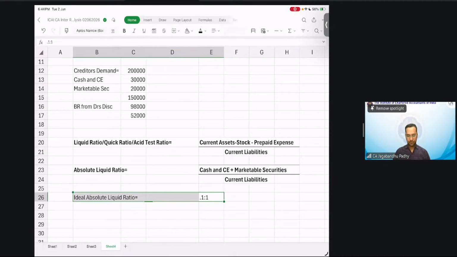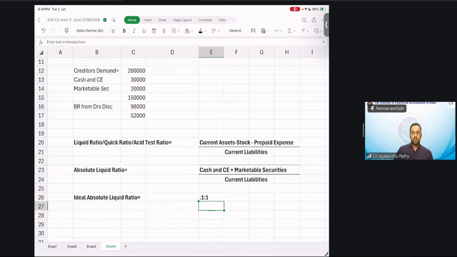Perfect. So that's about the short-term solvency.